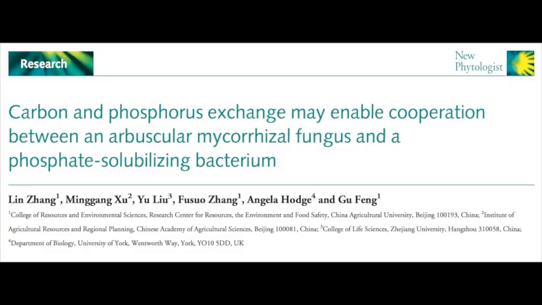Yeah, so a pretty recent paper by Zhang and colleagues in the New Phytologist that came out very recently, that was presented at ICOM in Merida, looking at that carbon and phosphorus exchange between the AM fungi and the bacteria in a very controlled system.